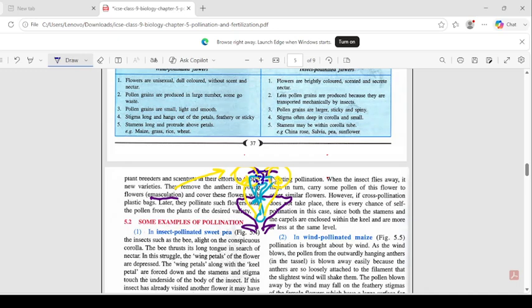So I hope this is all for today, and the important topics which I have discussed today are the characteristics of wind pollinated, insect pollinated and water pollinated plants and flowers. Second question may be asked, the difference between self-pollination and cross-pollination.